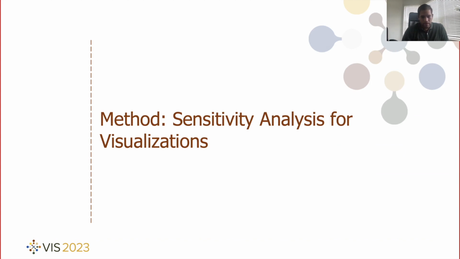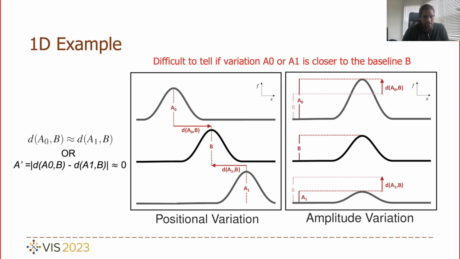Now I'll briefly describe our approach for sensitivity analysis of visualizations. Now, here is a 1D example scenario where variations A0 and A1 are about at the same distance from the baseline Gaussian, which is represented as B. For such scenario, the value of this distance measure A dash is close to 0.